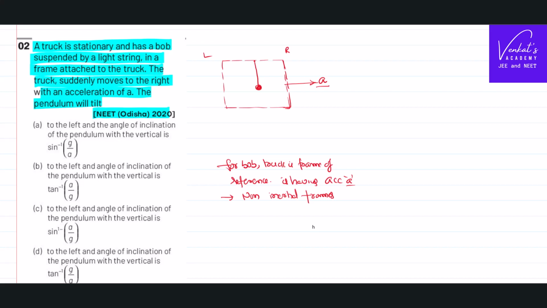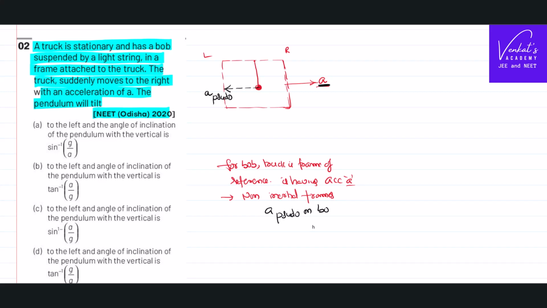We shall first compensate that non-inertial frame's acceleration on the body that we are studying in the name of a pseudo force or a pseudo acceleration, so that the body becomes a body in an inertial frame. So on this bob, we shall imagine a pseudo acceleration whose magnitude is equal to the acceleration of the truck, but in the opposite direction.